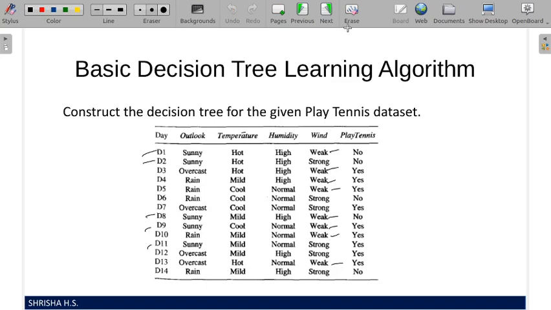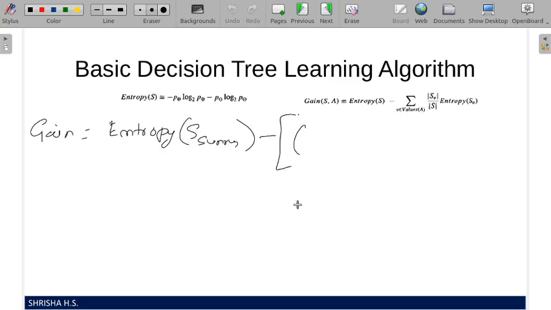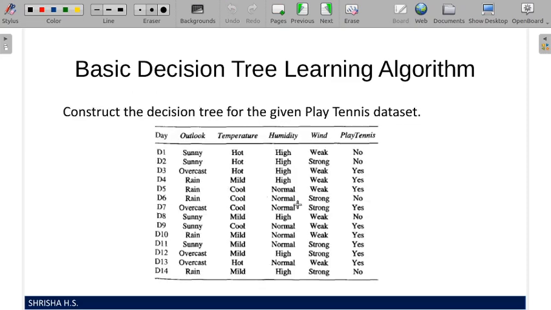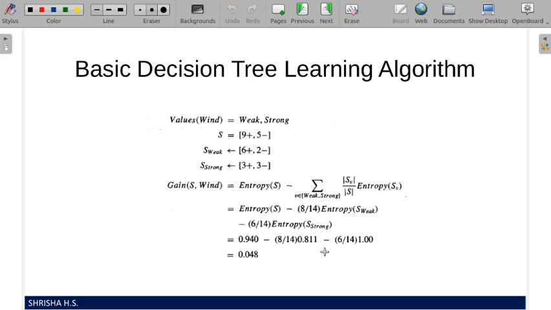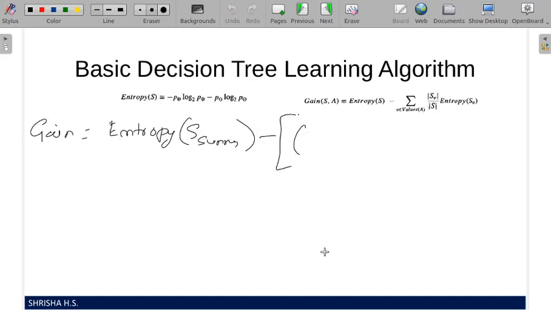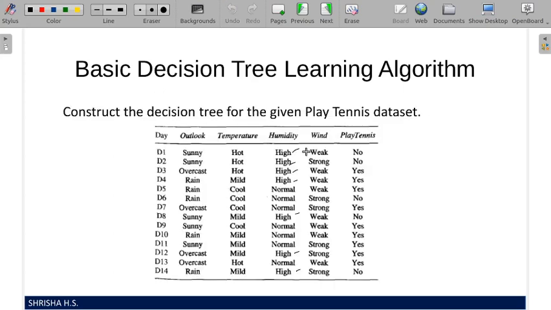Humidity has two values: one is high, another one is normal. So how many are high here? Sorry, we have to calculate only when it is sunny.